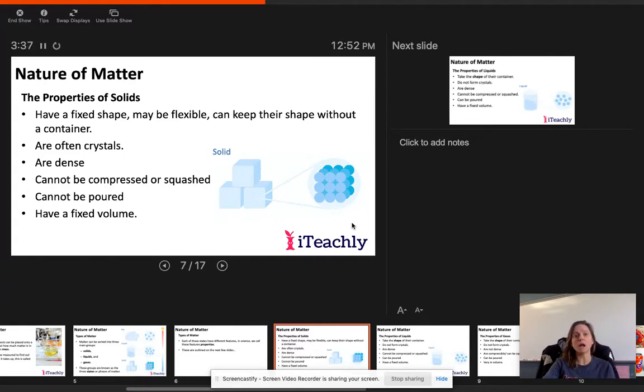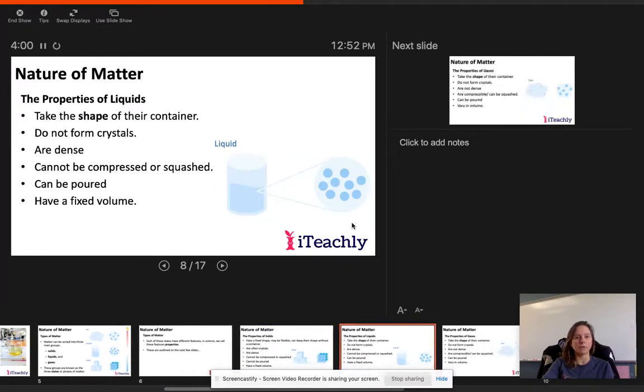So a way we describe a solid is as having a fixed position. Another thing to note about the molecules in a solid is that they are moving, but they're moving in a vibration, and so they're not free to roam. They're really stuck in that one spot, but they are moving. They are vibrating back and forth.